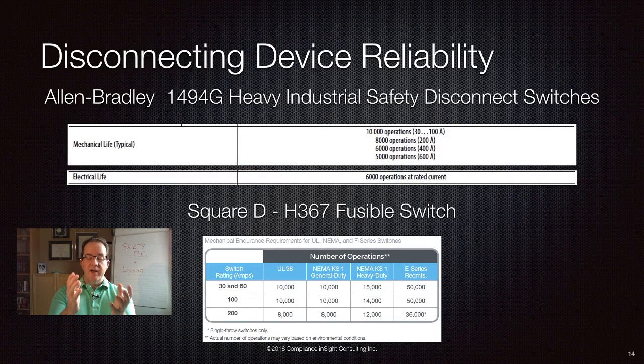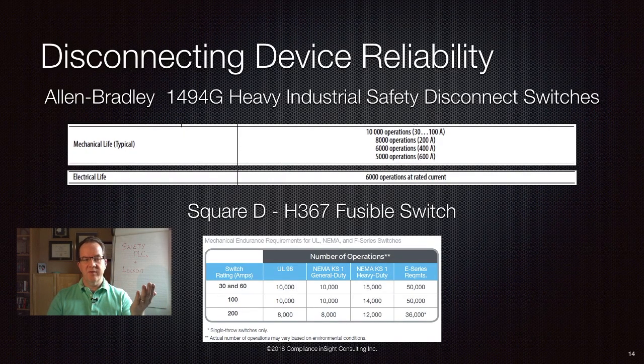So with a disconnecting device, a safety disconnect switch, you can pull the handle on the device, and then you can either open the door or look through a window in the case and see that the contacts are open. All right, so you have an easily verifiable state that you can check. And they're designed to take a padlock, so you can put a padlock on them. Now you know that that state isn't going to change.